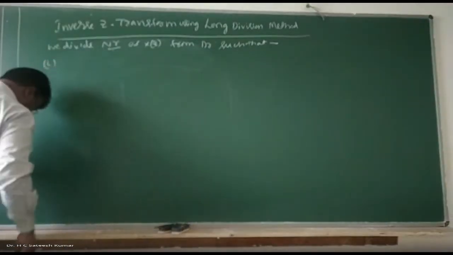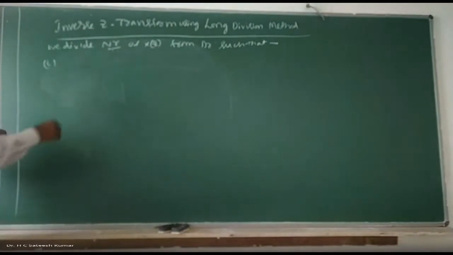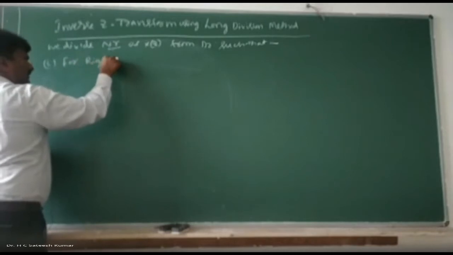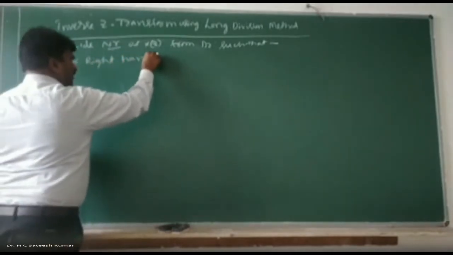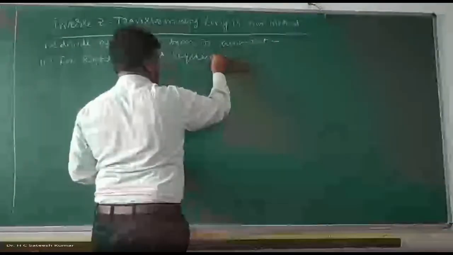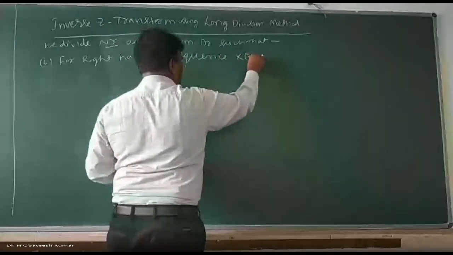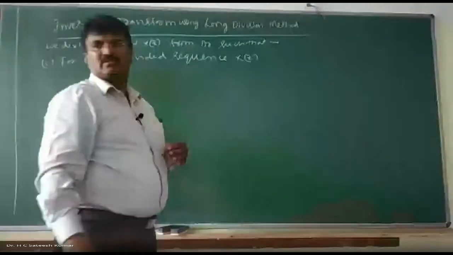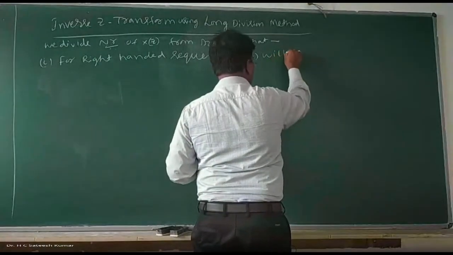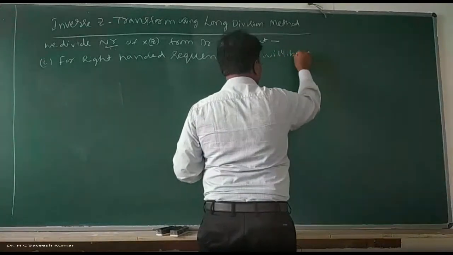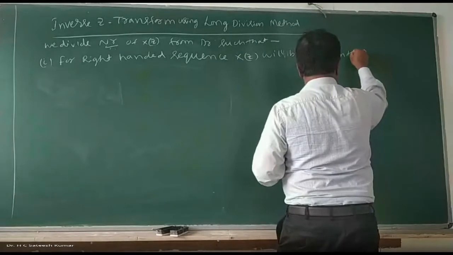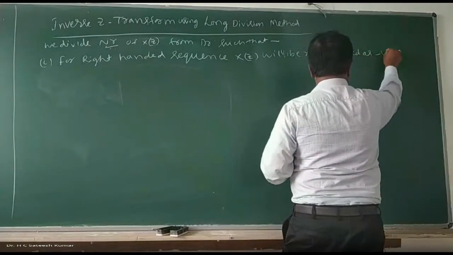The first one, for a right-handed sequence, X of z will be represented as negative powers of z.